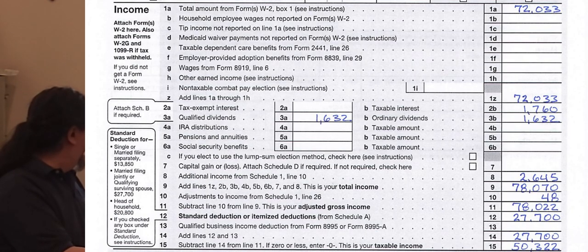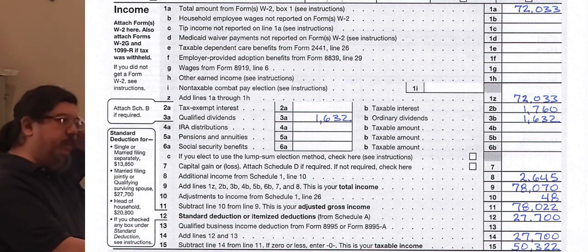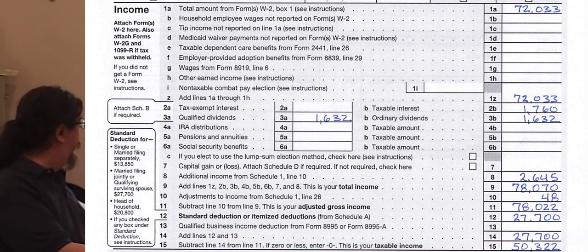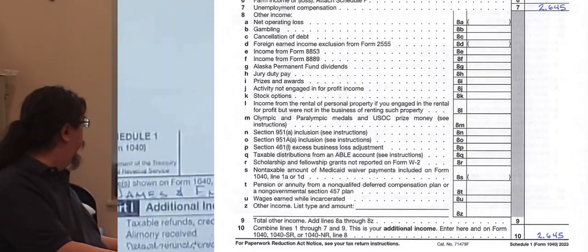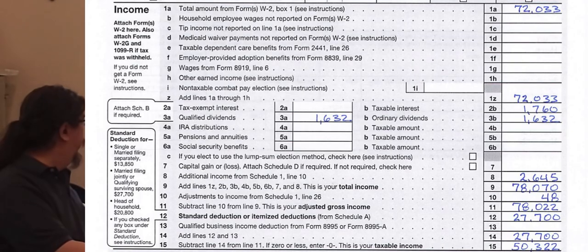So we added up their income from the W-2s, and we got $62,033. Their total interest is $1,760. Their total qualified and ordinary dividends, both $1,632. Then we had to do Schedule 1, which is down here: $2,645 from unemployment compensation, which was their only additional income.